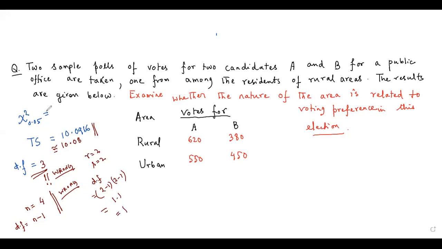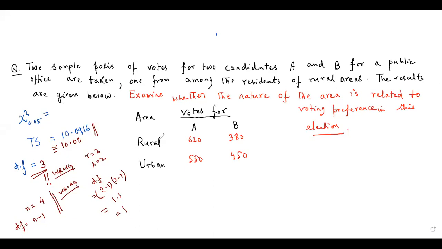What is the tabulated value of chi-square at 5% level of significance? Just look at your statistical table and then tell me. No, that is the calculated value.